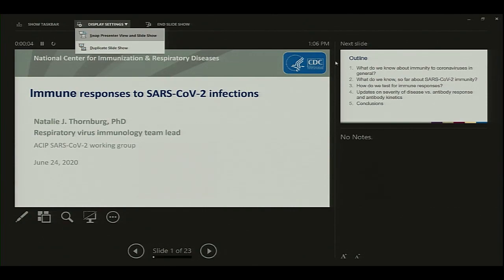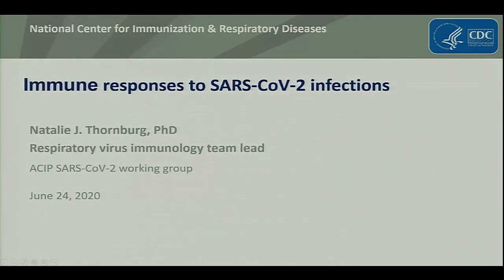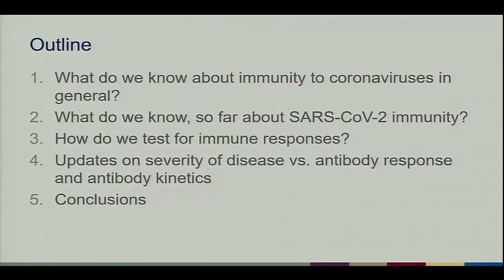Hi, thanks. I'll go through about the next 15 minutes talking about what we've learned about immune responses to SARS-CoV-2 in the past several months. Next slide, please. Okay, so this is an outline of the points I'm going to be highlighting. I'm going to talk about what we know about immunity to coronaviruses in general. What do we know so far about SARS-CoV-2 immunity?